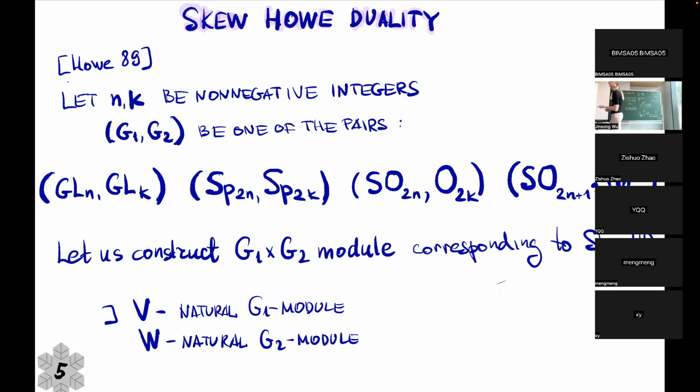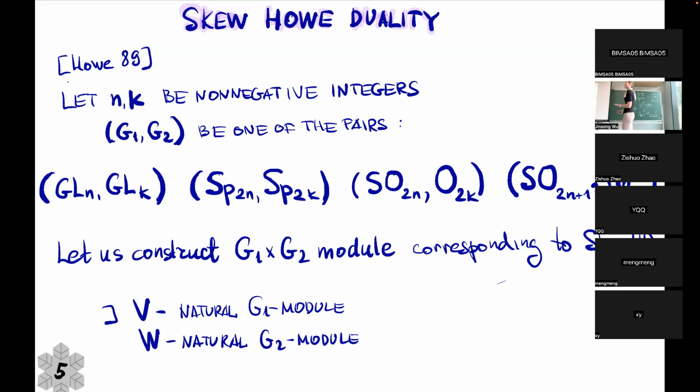So if we consider these pairs of Lie groups, we have GL_k and GL_n, and also two symplectic groups and an associated orthogonal group. So we will have the duality regarding certain representations, but what representation?